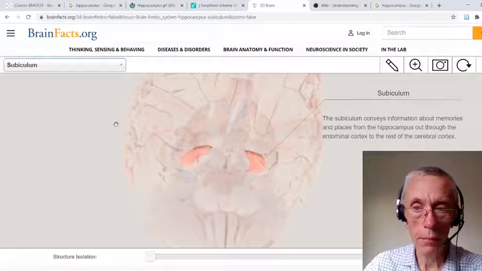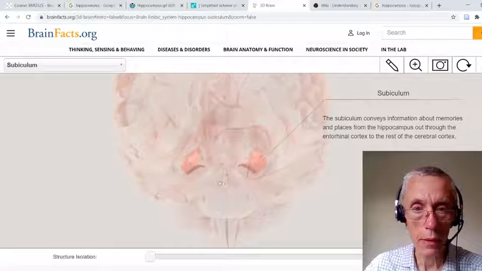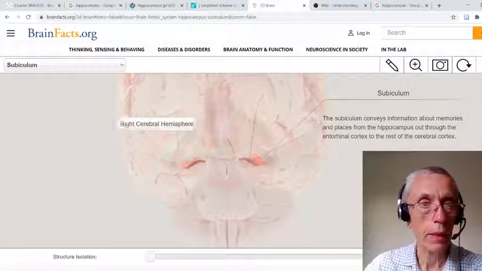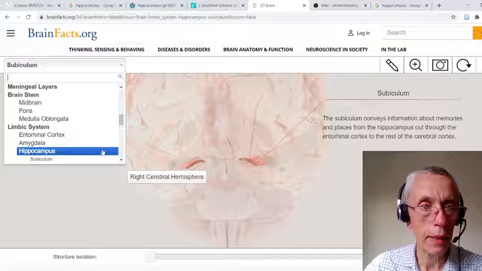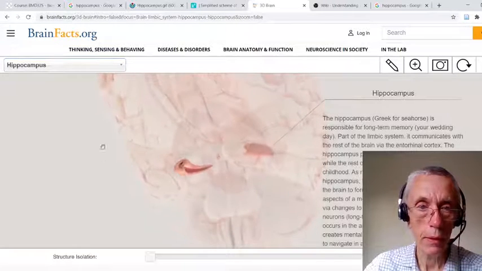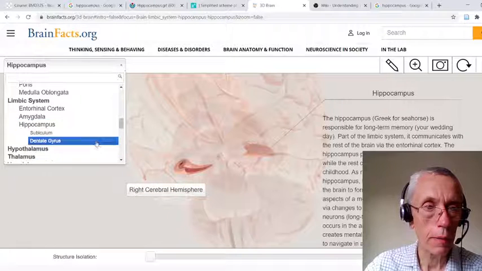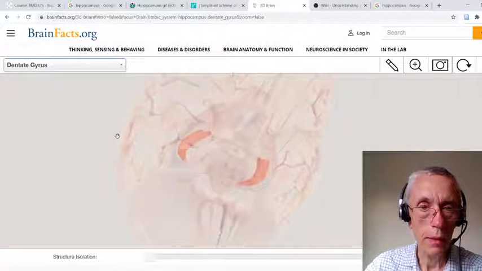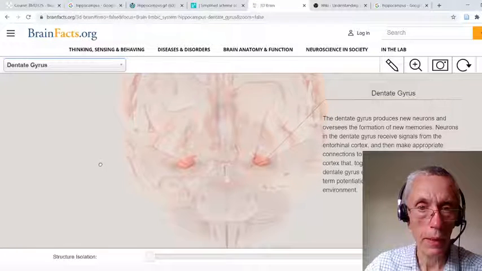The subiculum is the bit next to it. So the subiculum feeds straight into the hippocampus proper, and then the dentate gyrus is the tooth or the fingernail type thing underneath it.